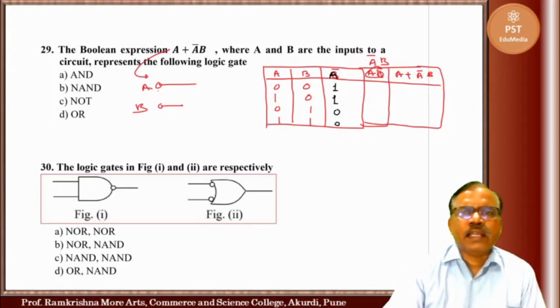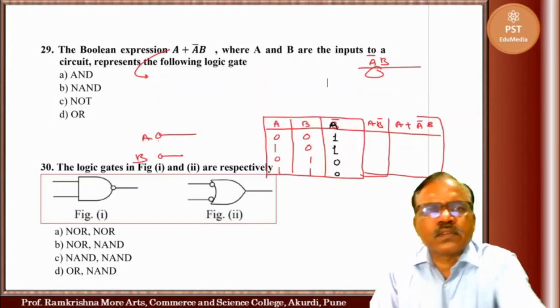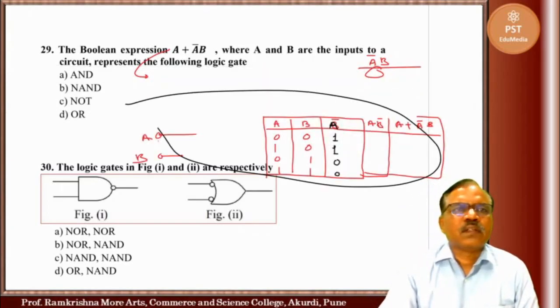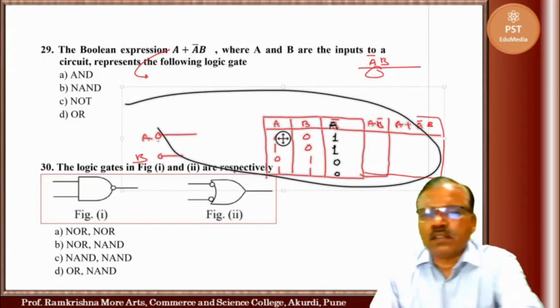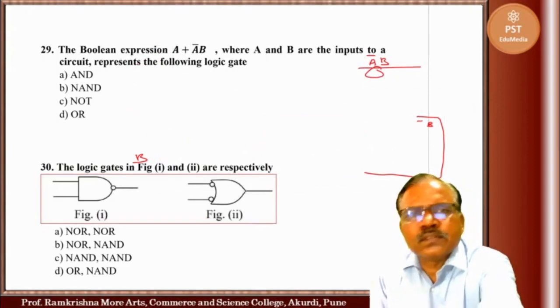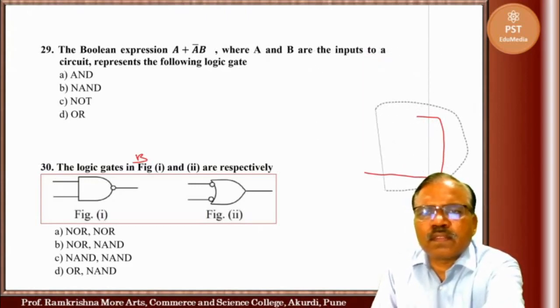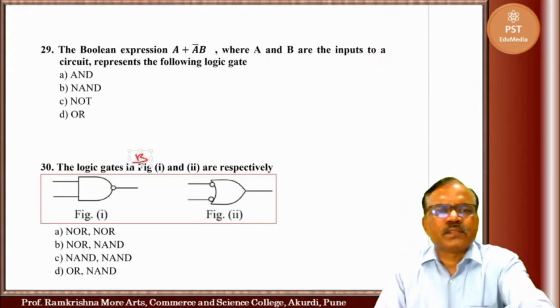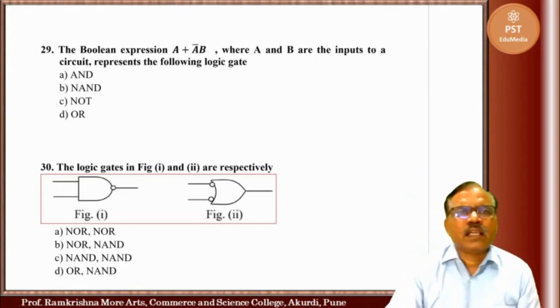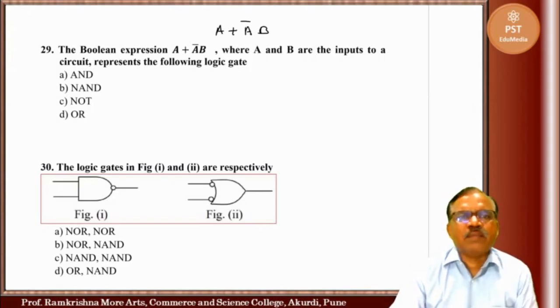So I will take it again. Something is wrong. So here we have A plus A bar B, so we require A bar.